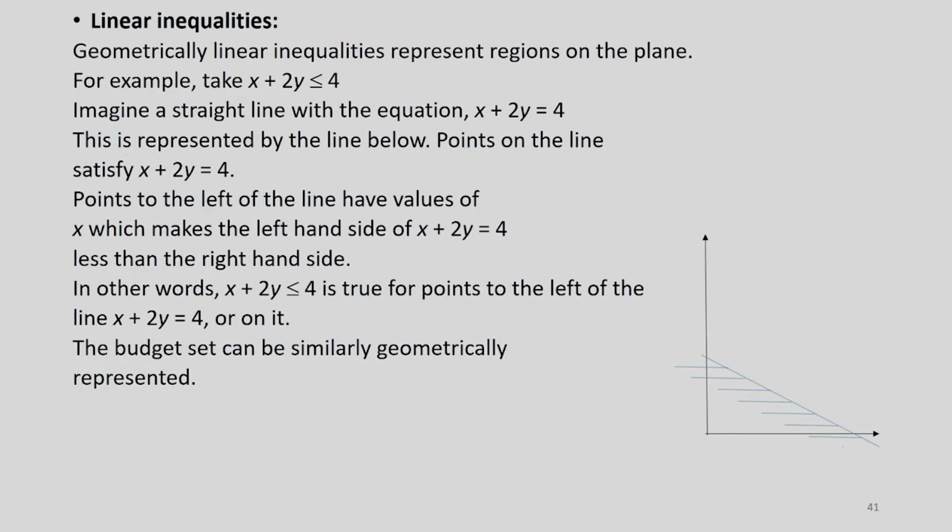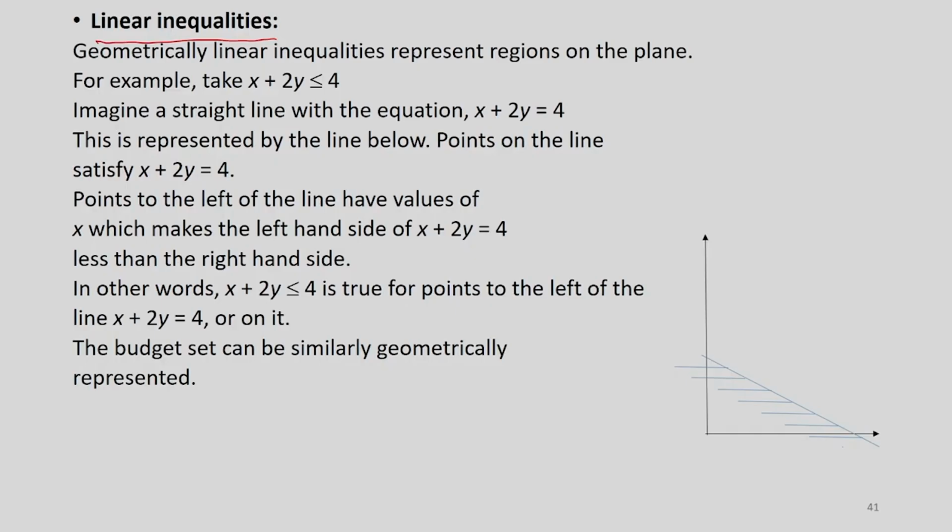Okay, now from equations we come to inequalities, in particular linear inequalities. We have talked about inequality before. If we have linear inequalities, then in terms of a graph, in terms of visual representation, what does it mean?